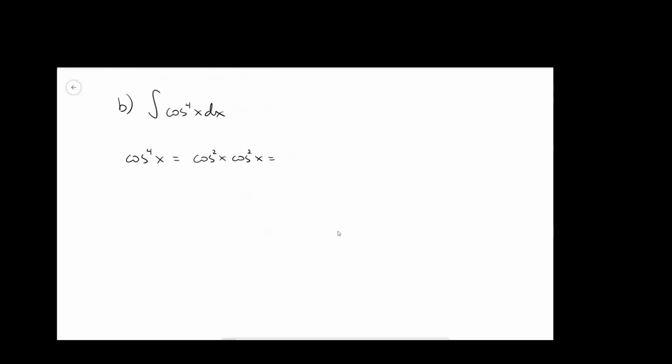I'm going to rewrite the cosine one a little differently, but it's the same. I'm going to rewrite it as 1/2 plus 1/2 cosine 2x. And then there's another one of them, so there we go. That's using a power reducing identity. Okay, everybody clear on that?